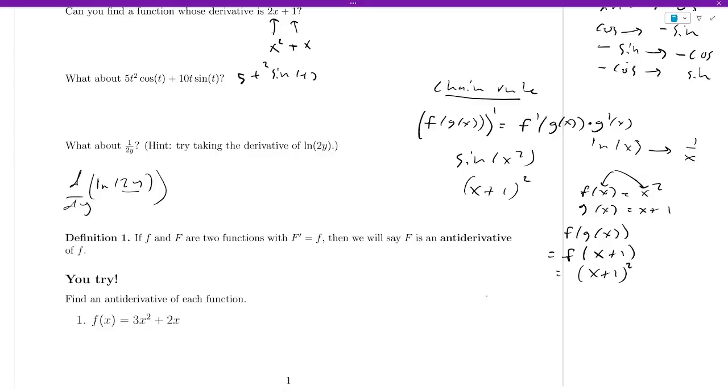So the chain rule is telling us how to take the derivative of a nested function like that. And the rule is that we take the derivative of the outside function and leave g of x just like it stays, like the x plus 1 would stay. And then we also have to multiply by the derivative of the inside function.